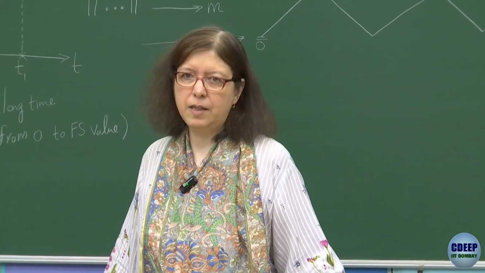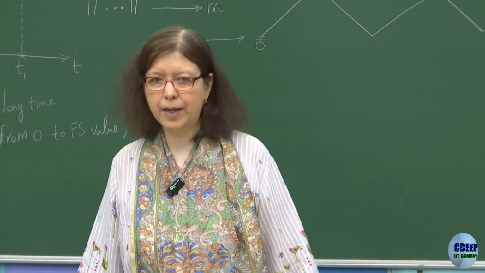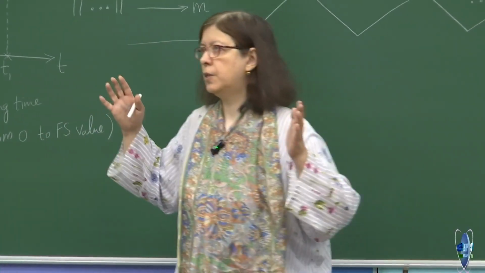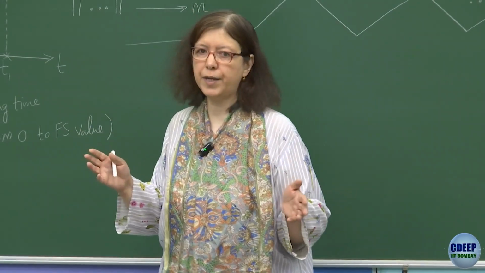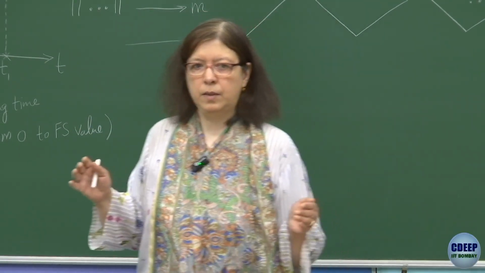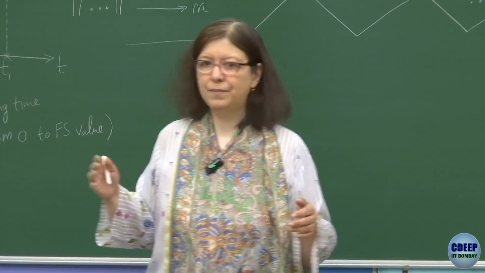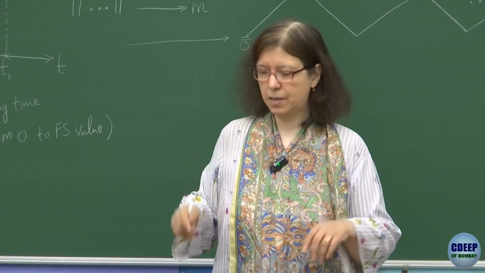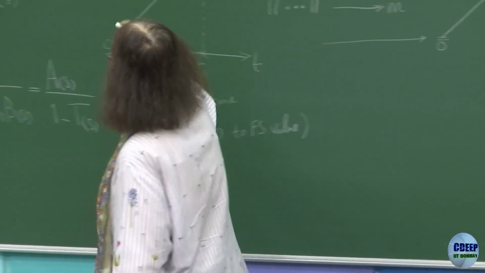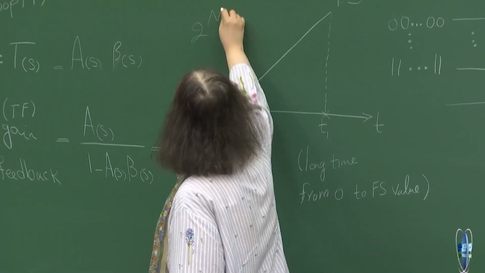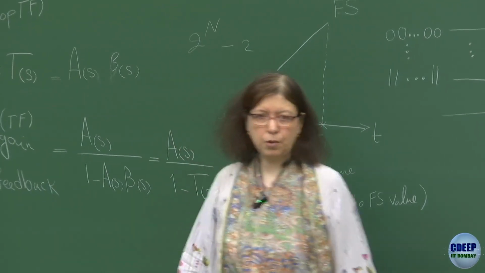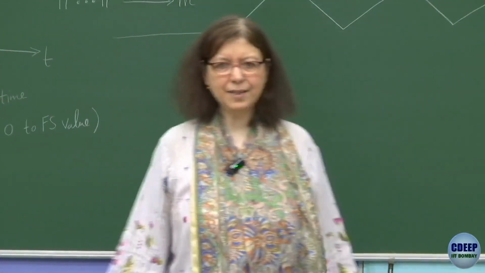This is the only main requirement, and of course memory should have enough size for storing 2 to the power n, minus 2 codes, because two codes are not there.